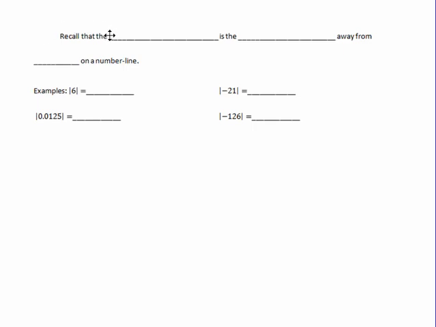Now, recall that the absolute value, we've already discussed this, but the absolute value is the distance away from 0 on a number line. Now, there's two ways of thinking about that.